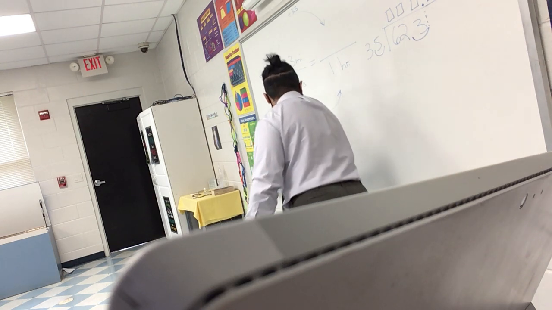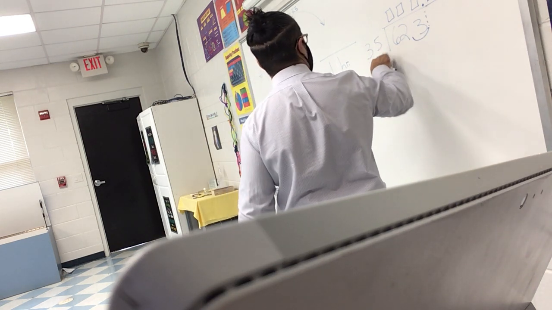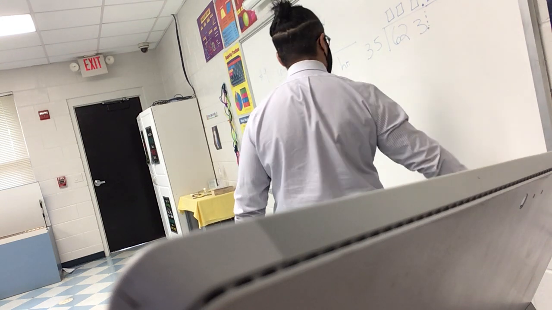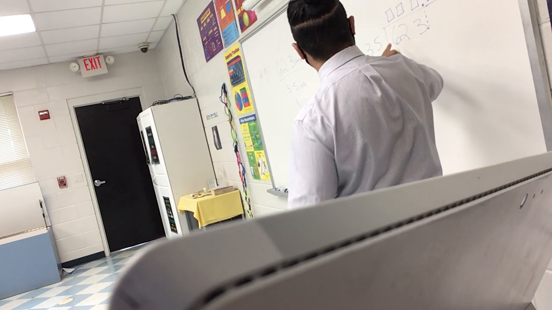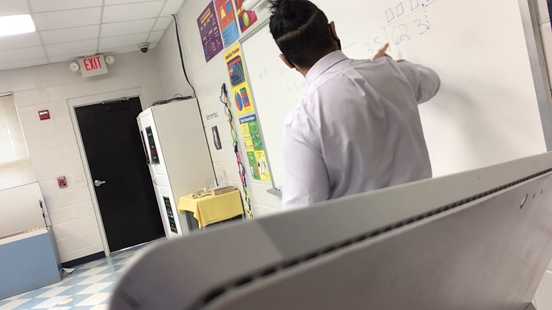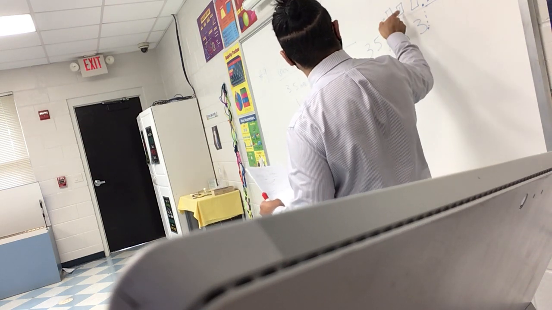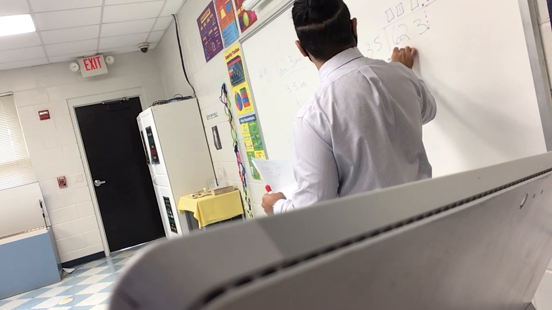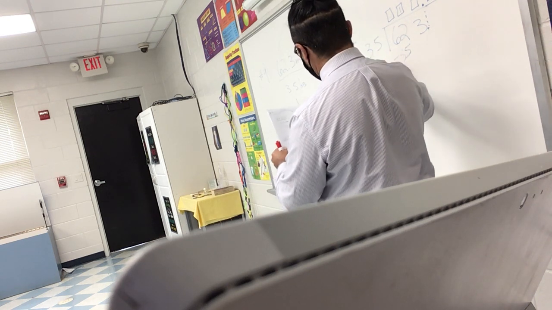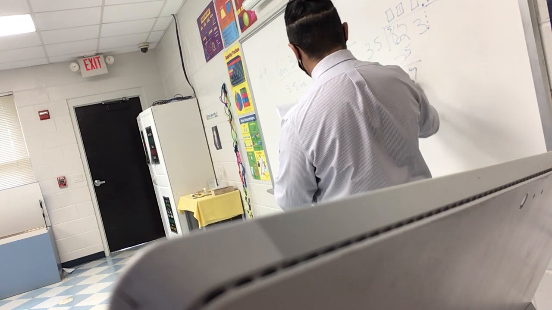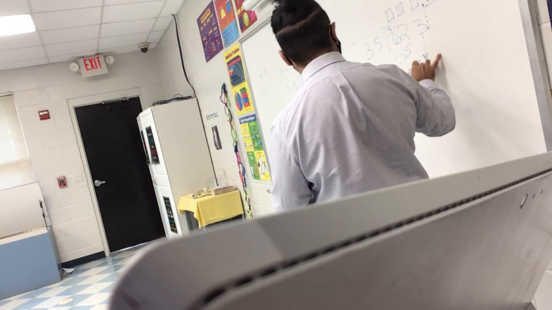And now once I've moved that, I'm looking at 35 here and 623 there. This does not go into that. This goes into that. How many times? 1 time. So 1 times 35 is 35. And when I do the math, this is 7, this is 2. This 3 comes down.